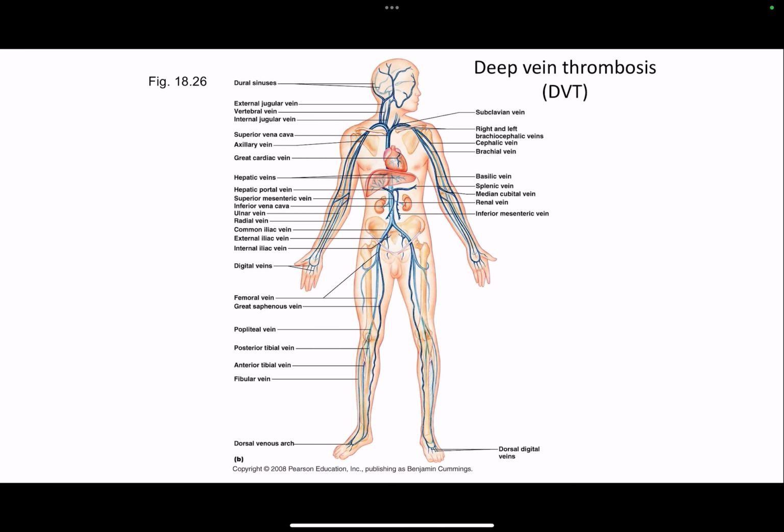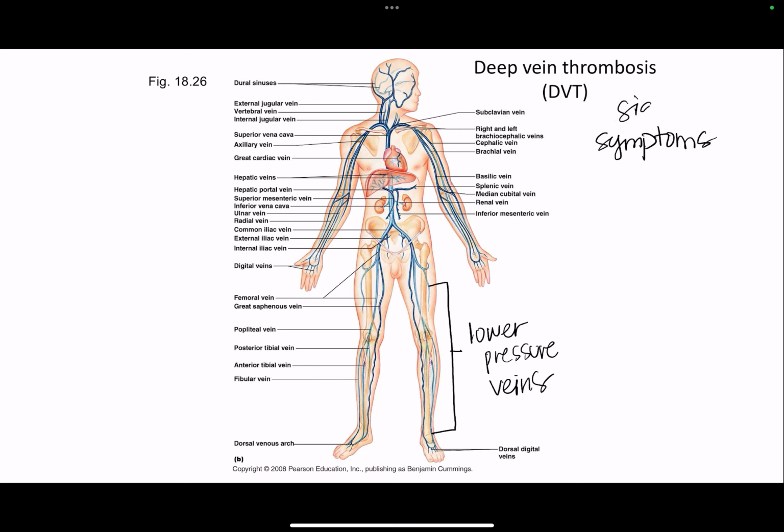A disorder we're going to talk about is deep vein thrombosis. This is when a clot forms in one or more of the deep veins of your body, usually in the legs, because the veins of the legs are lower pressure veins. When you have clots and thrombi forming in the veins of the legs, this is actually a leading cause of death here in the United States.